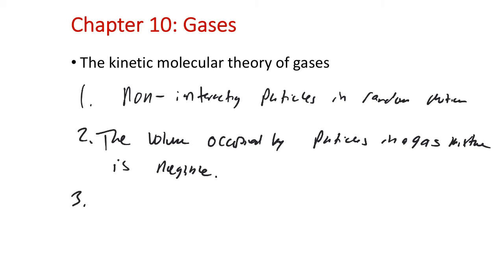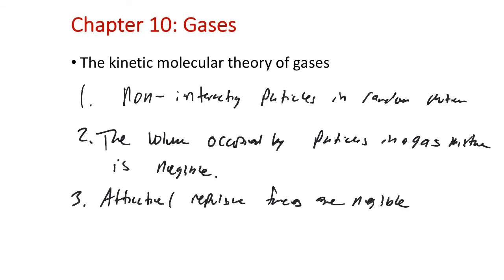Postulate 3 is that the attractive and repulsive forces between the particles are negligible. So this means that the particles themselves are not interacting with each other in an attractive way or in a repulsive way either. So the particles are simply non-interacting. So energy can be transferred, but the average kinetic energy of the molecules over time cannot change.